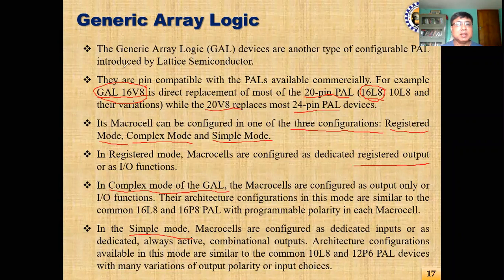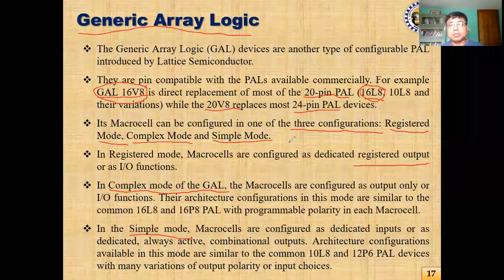So in summary, GAL is a versatile type of programmable array logic having pin compatibility with the PAL, but it has got more functionality to implement our Boolean expressions. So this gives the user more options to program and implement different type of Boolean expressions. Okay.